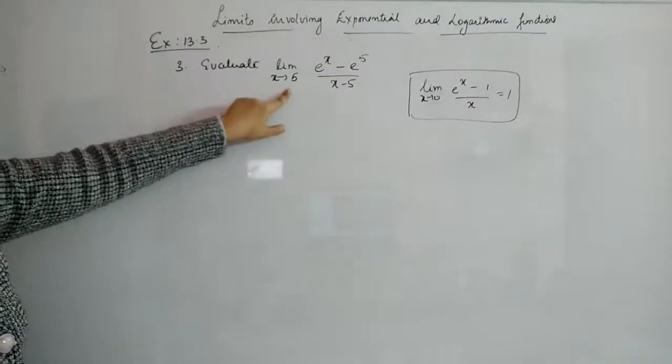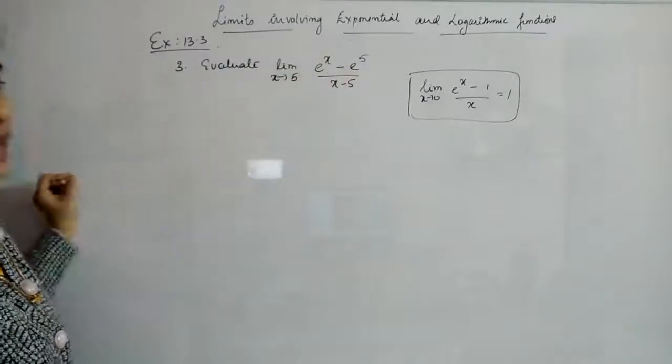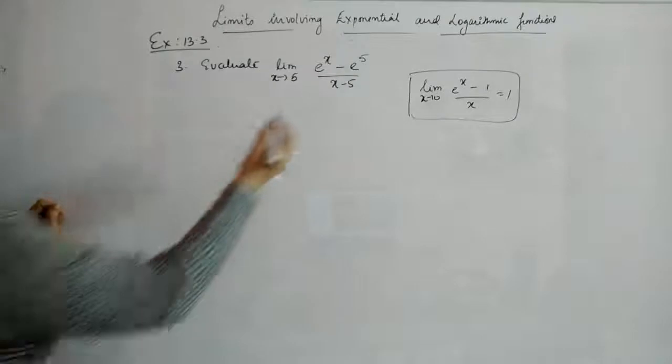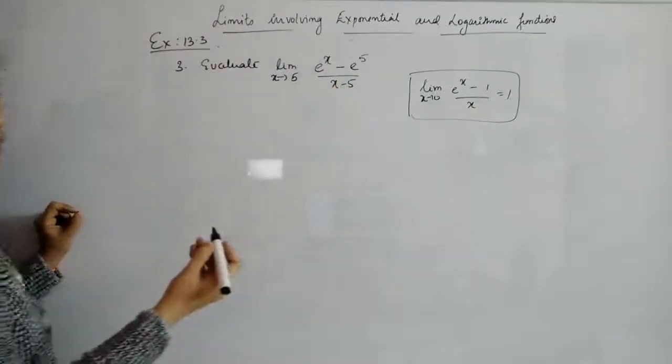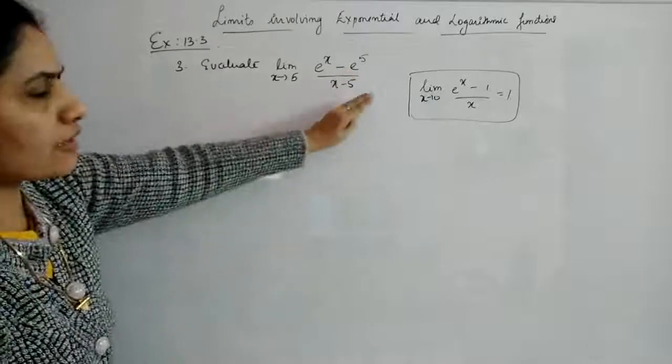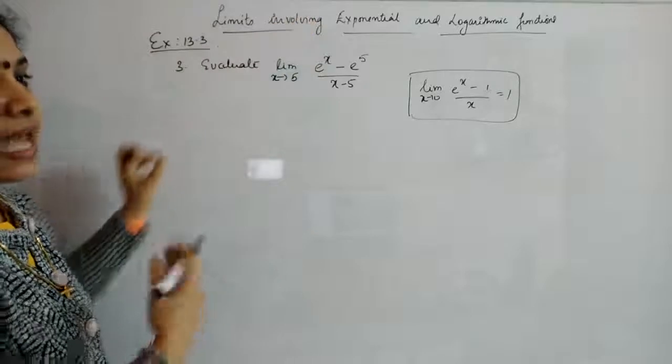Limit x tends to 5, e raised to x minus e raised to 5, divided by x minus 5. Again whatever is here we have to make here also, right? Now we cannot delete minus 5 from this side. So we will just opt for making this power as x minus 5.